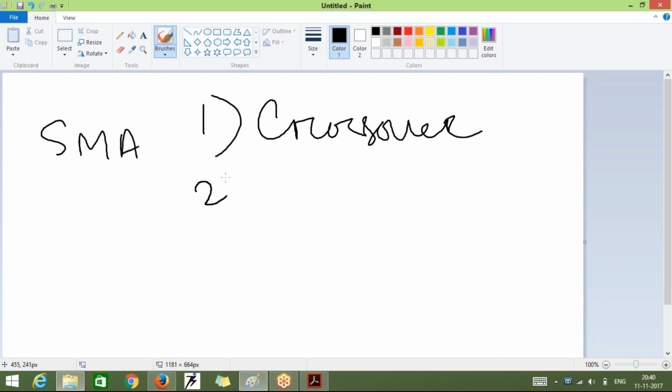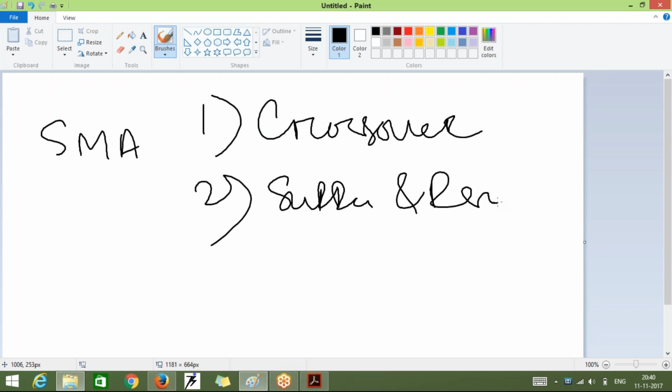The other one is it tells us the support and resistance. I'm not writing it out totally, I'm just using abbreviations, so you can hear what I'm saying and you can guess it's resistance.